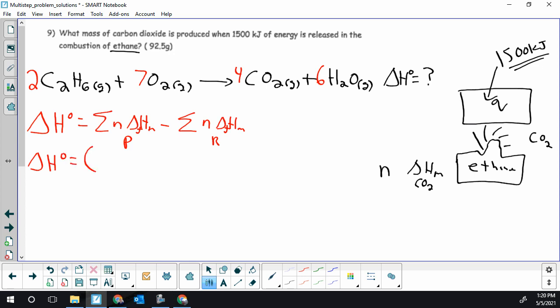So I'm going to start with my 4 CO2. I even like to sometimes check them off as I work my way through them. So we have exactly 4 moles times the molar enthalpy of carbon dioxide. This is the sum part, plus my 6 water vapor.